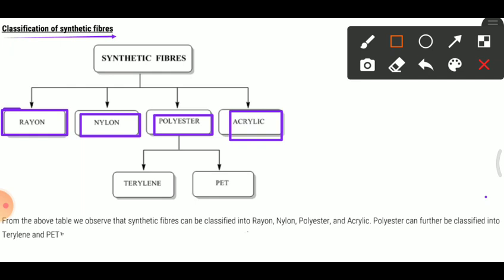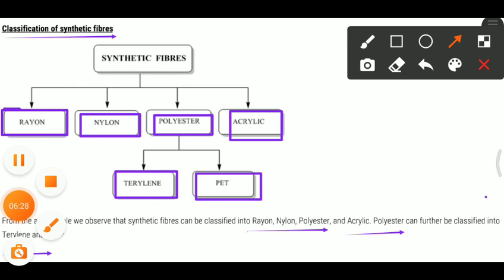Polyester can also be further classified into terylene and PET. From the above table, we observe that synthetic fibers can be classified into rayon, nylon, polyester and acrylic, and polyester can further be classified into terylene and PET. Now we will discuss all these synthetic fibers one by one.